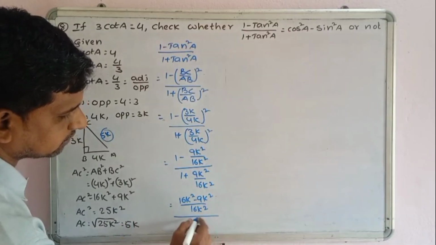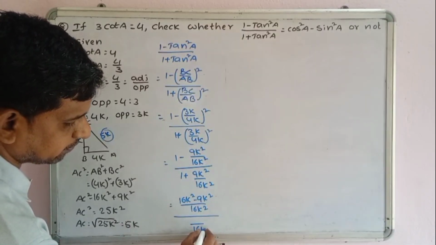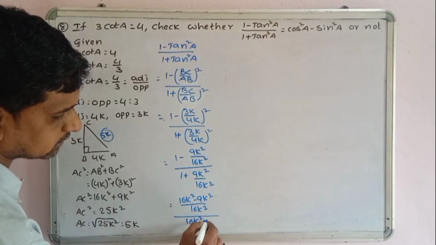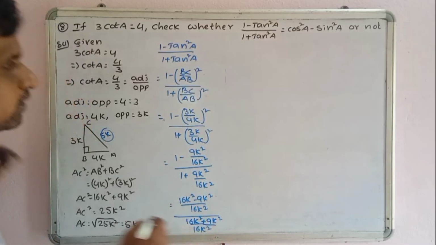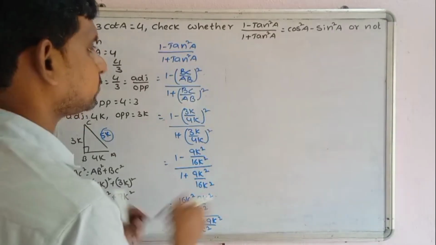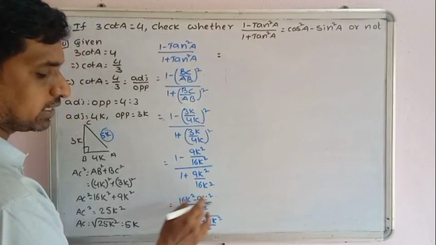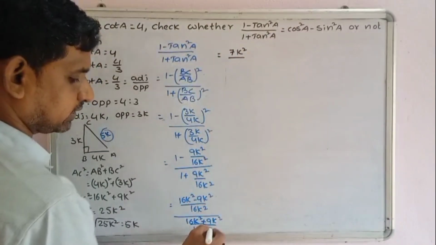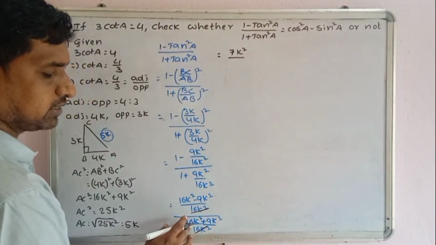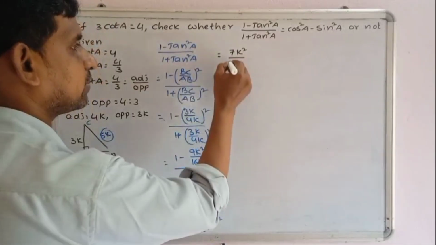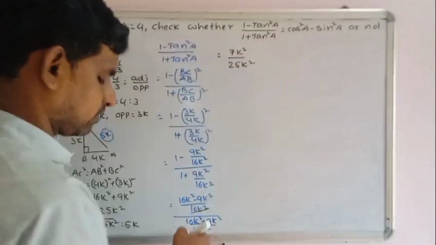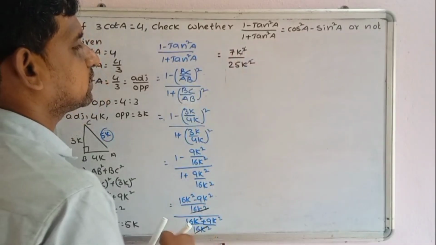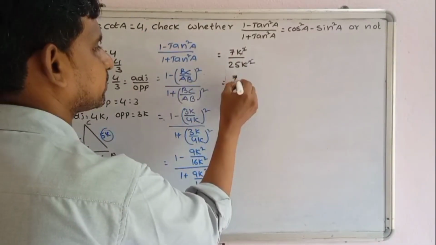In the denominator, 16k square is there, 16k square into 1 is 16k square plus 9k square. That equals 16k square minus 9k square is 7k square, by, so here 16k square cancels, 16k square plus 9k square is 25k square. Now k square gets cancelled. So the final answer is 7 by 25.